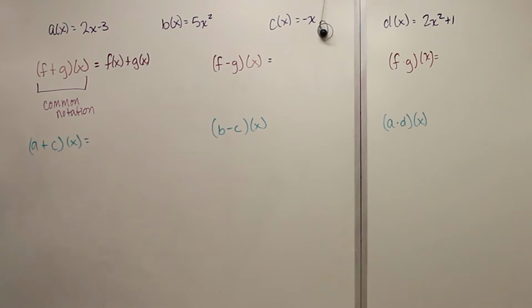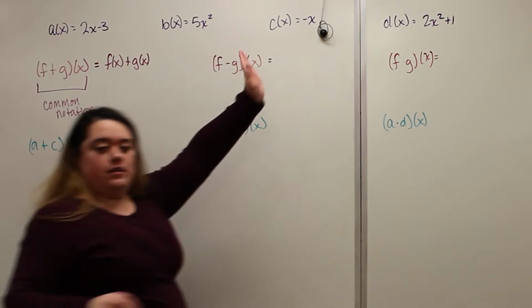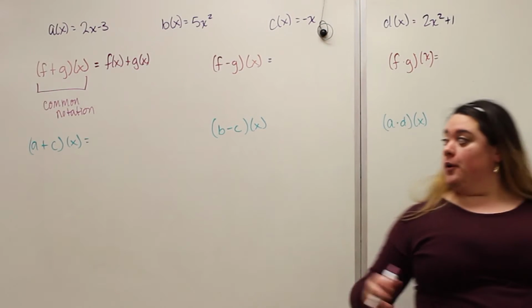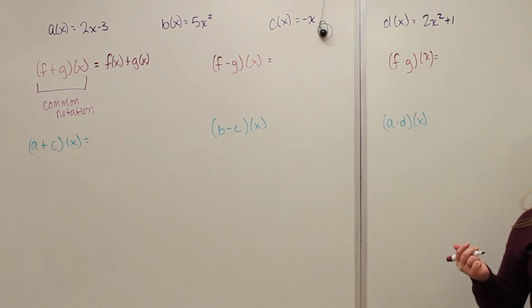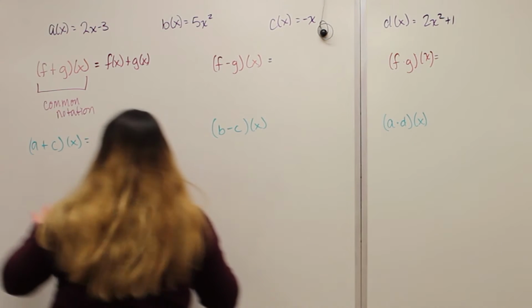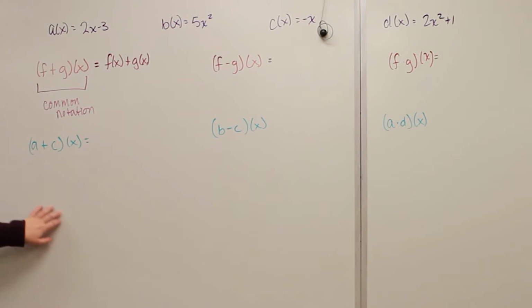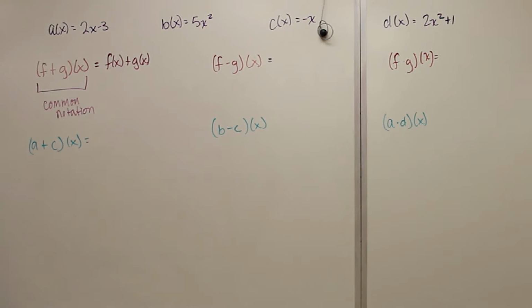Above, I've got our given functions in purple. We're going to use those functions to create some new ones with our operators. For the first one, we've got (a plus c)(x). It will help if I know what a(x) is and what c(x) is.